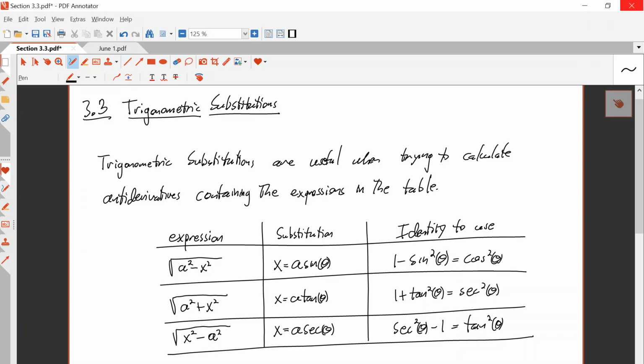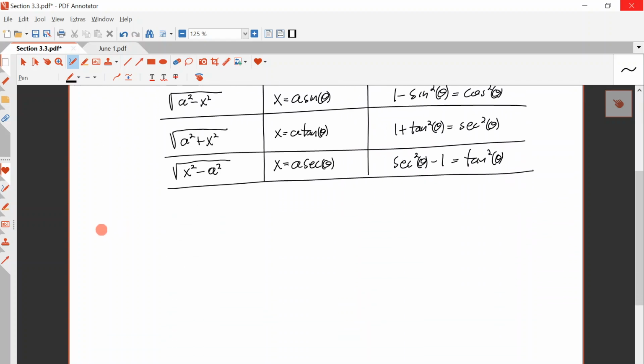Okay, so for example, let's take a look at the antiderivative of x to the third over square root of 1 minus x squared.